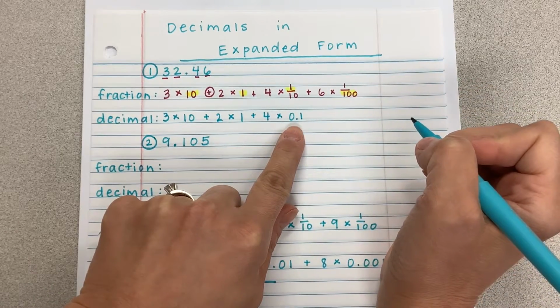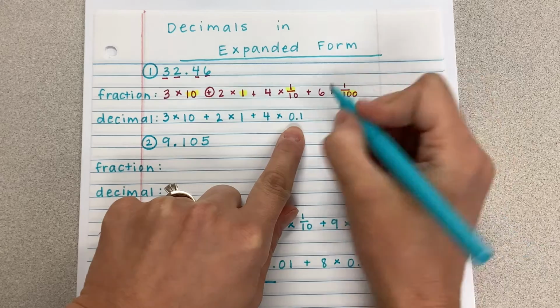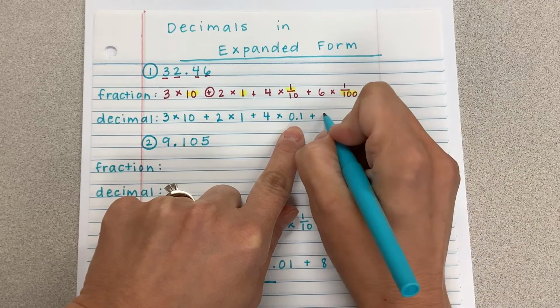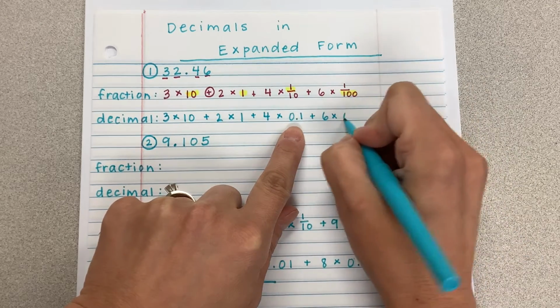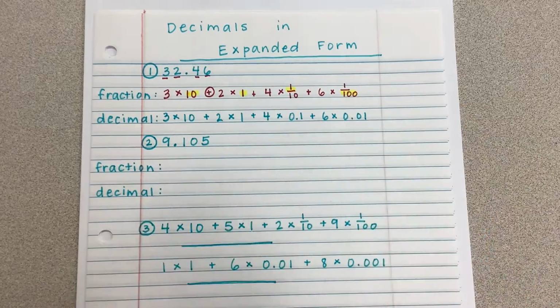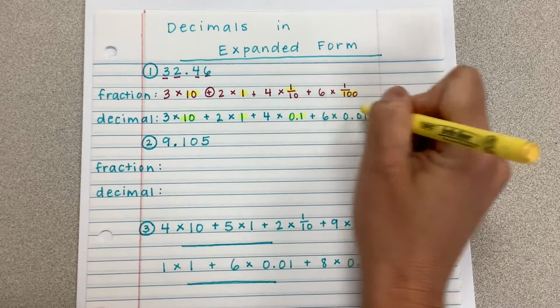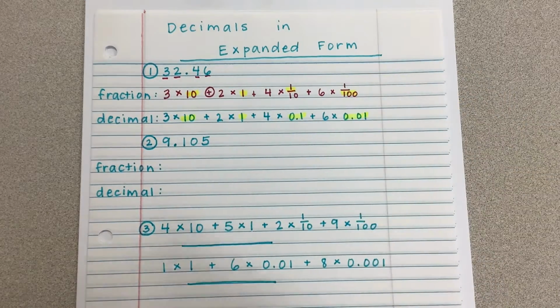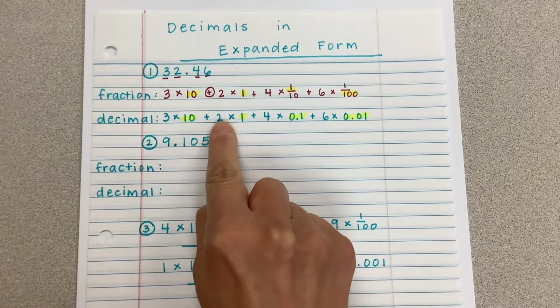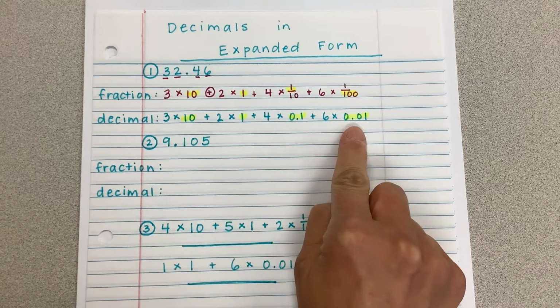So I'm going to use the place value, but in decimal form. And I'm going to add that to 6 times 1/100th. And so I'm going to highlight those again just so my students can see the place value that it's being multiplied by. So each digit is being multiplied by its place value.